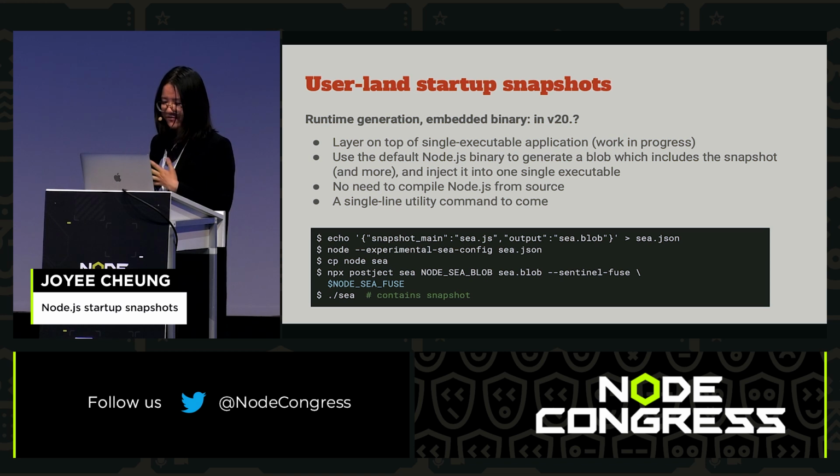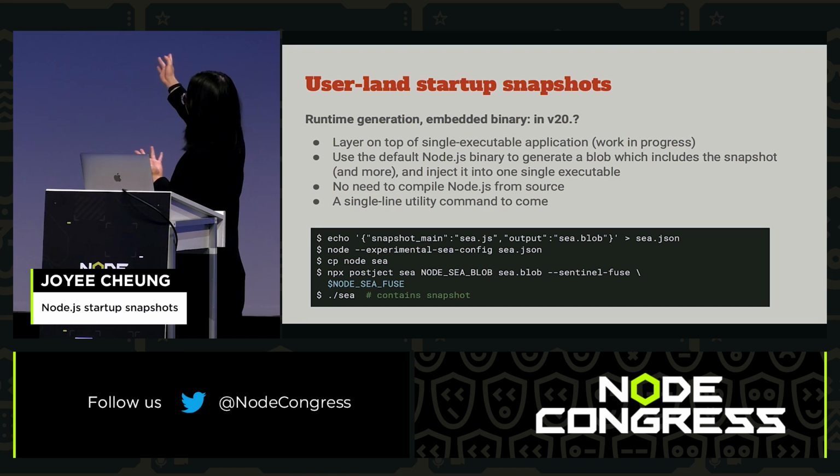A quick preview of the current design is that the user can create a JSON configuration like this one. You specify the main script with snapshot main, the path, and then you specify where you want the output to be written. Then you use the official Node executable to take this JSON configuration and generate the blob. And then you copy the executable to your destination path because it's going to inject that blob.